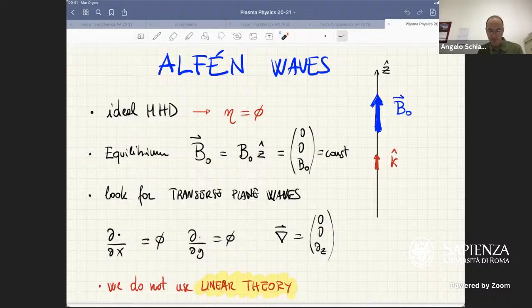So these waves are somehow different from what we did in the linear approximation. We do not use the linear approximation anymore. We concentrate ourselves on MHD equations for the so-called ideal MHD, where there's no resistivity.